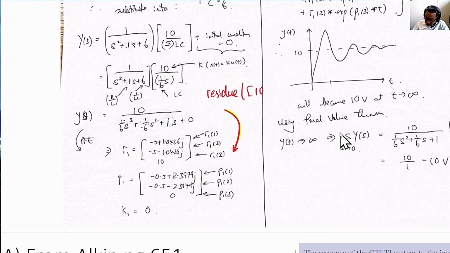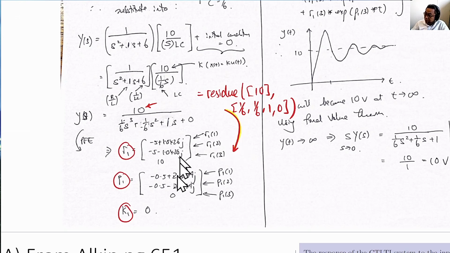The first value is 10 for this guy, and the denominator polynomial is 1/6, comma, and the second guy, which is also 1/6, the third guy is 1, and the fourth guy is 0, because look, there is the 0, or the 1, or the 2, or the 3 of s. So there must be 4 values here. Once you have the residue, we'll get the RPK. So you have R, P, and K, and you can verify them.